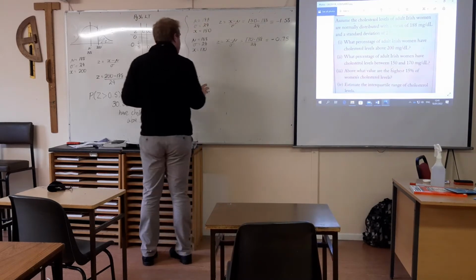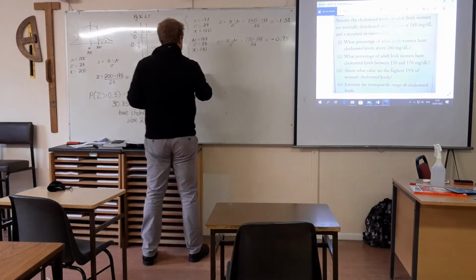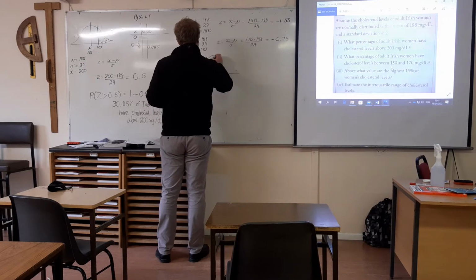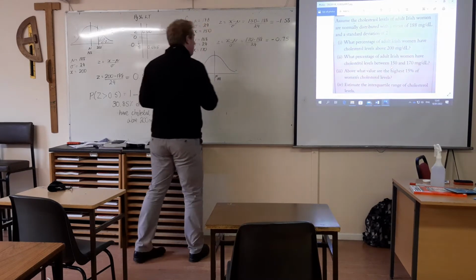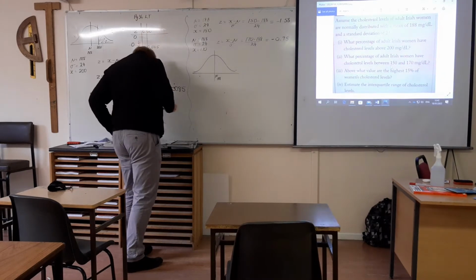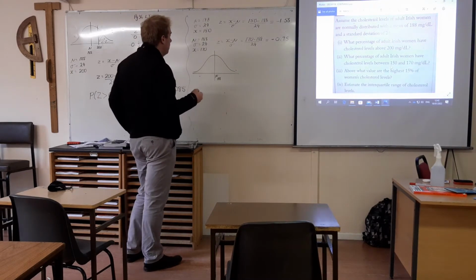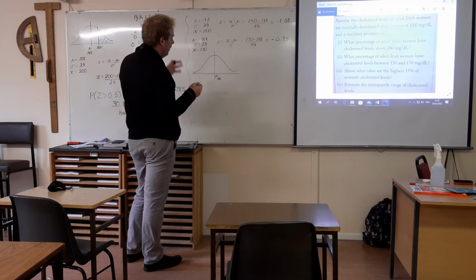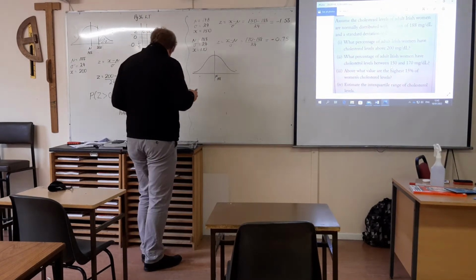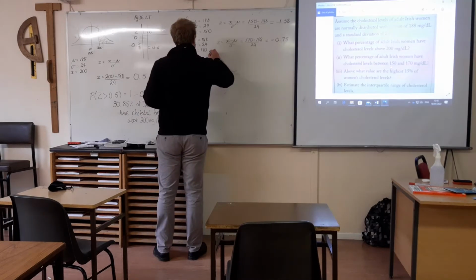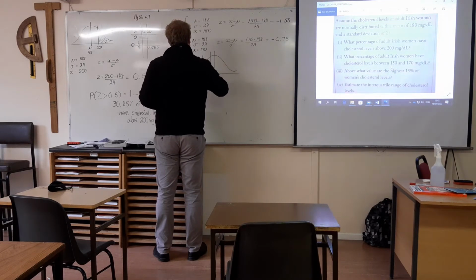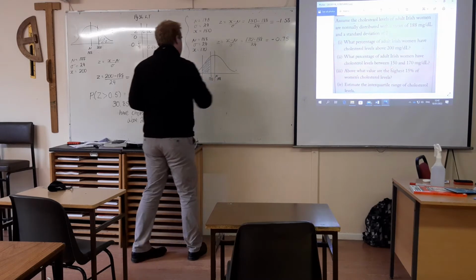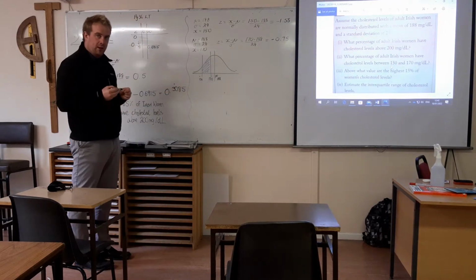So we're going to look at this on the normal distribution graph, where the mean is still 188. We're looking at the numbers on the left-hand side of the mean because 170 and 150 are less than 188. So we're somewhere here. This would be an example of where 170 is, and here could be where 150 is. We're looking for that solution there that I've just shaded in. That's where our answer lies.